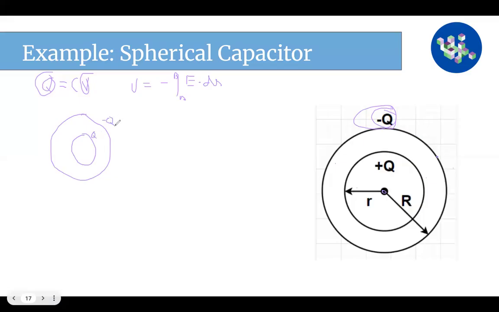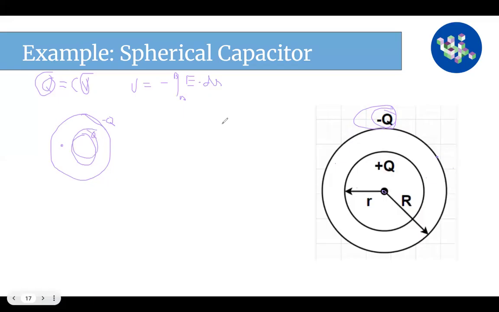If I wanted to find the electric field, for example, over here, it's within the larger sphere, meaning there's no contribution to the electric field from the larger sphere. The only contribution is due to this inner sphere.